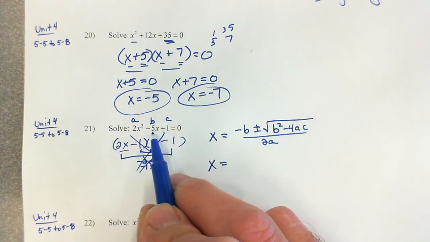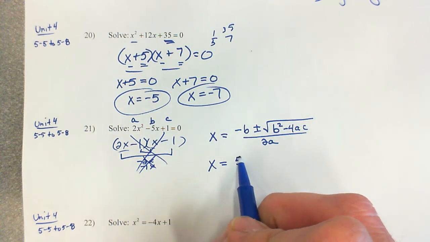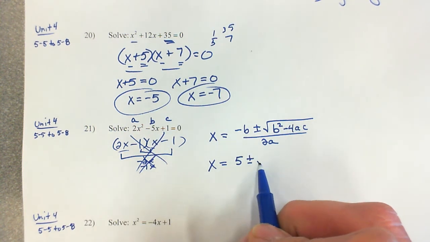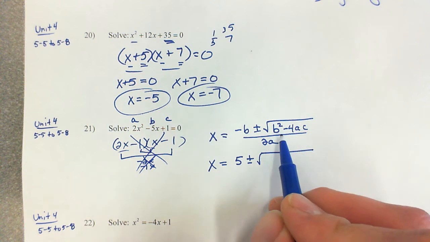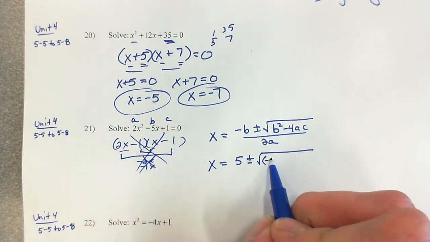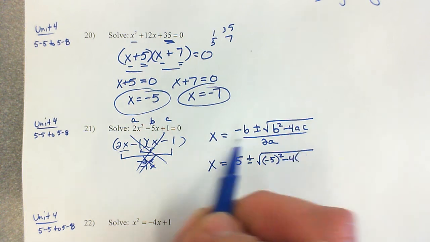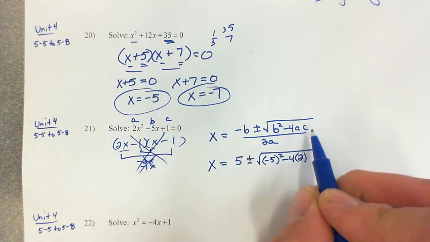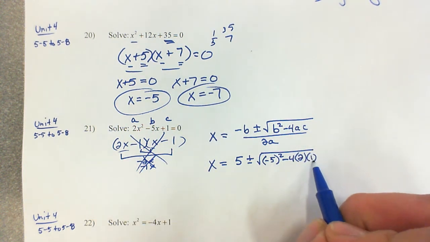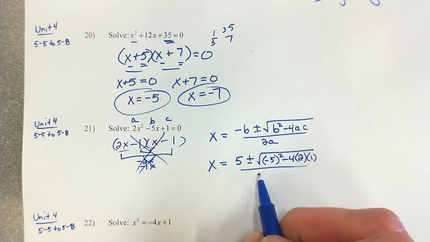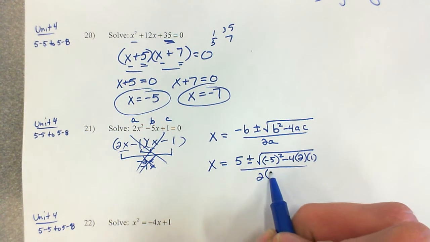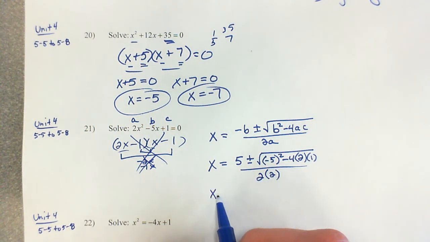So x equals opposite of b, so b is negative 5, so that's going to turn into a positive 5, plus or minus the square root, b squared, so this is negative 5 squared, minus 4 times a is 2, times c is 1, all over 2 times a, and a is 2.